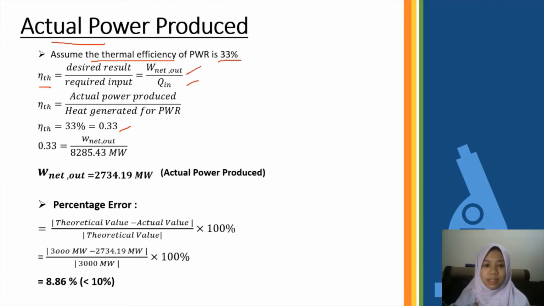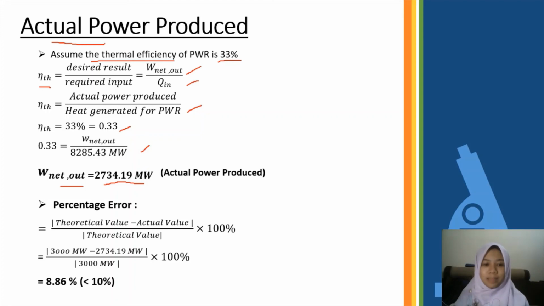The Qin is the heat generated for the PWR that we can get from the previous slide, which is 8,285.43 megawatt. And after we key in the value, we will get the work net out, which is 2,754.19 megawatt, which is equal to the actual power produced.